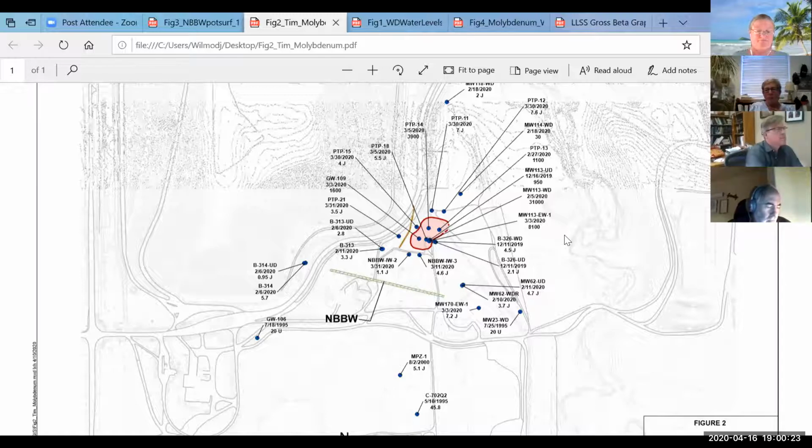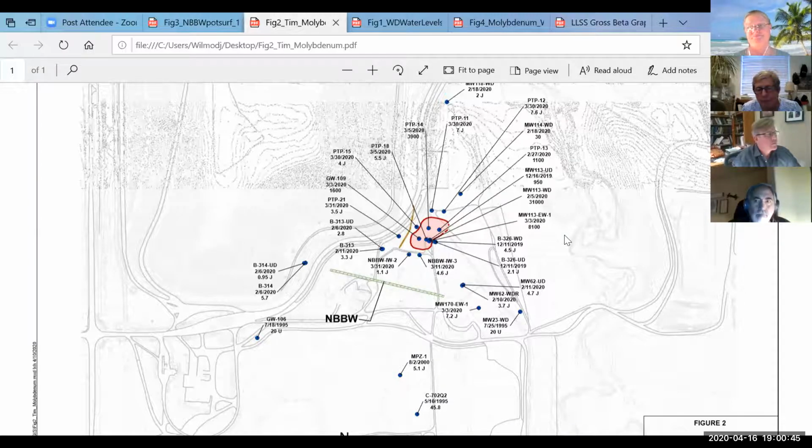Then there was a deeper sample that was analyzed, 64 to 94 feet, in the MW113 EW well. In addition, a control sample was also analyzed where pyrite was not visibly seen.